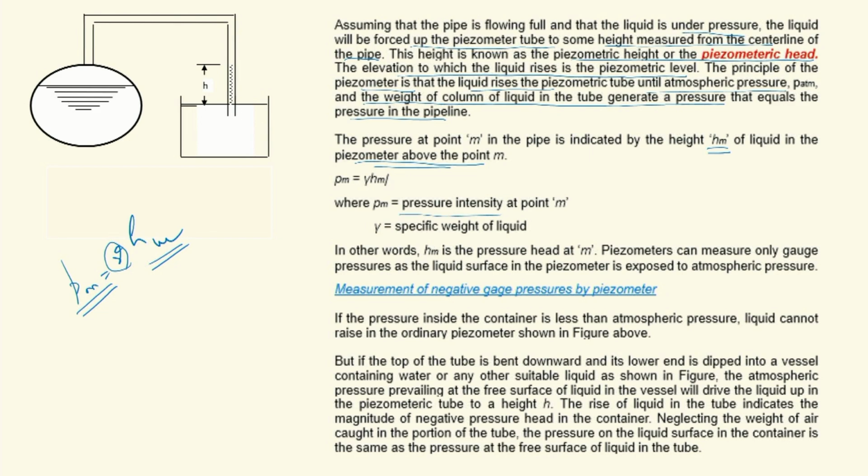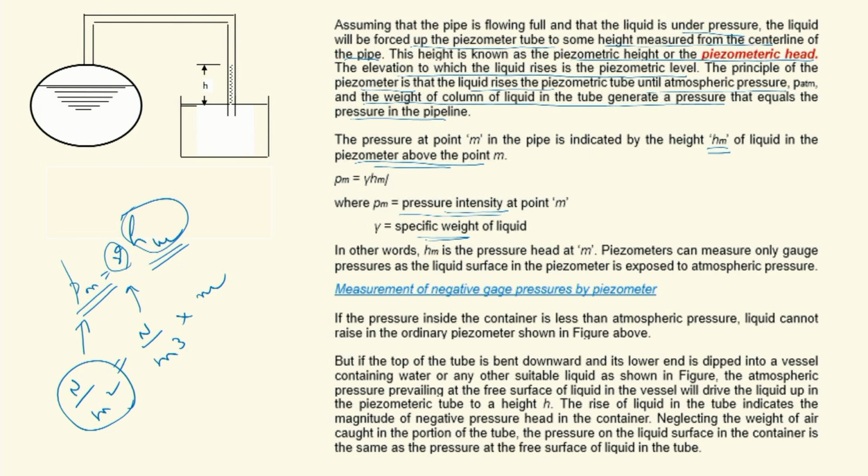So pressure intensity, gamma is specific weight of liquid. So specific weight of liquid has got units of Newton per meter cube. Pressure head has got units of meter. So this will be Newton per meter square. So PM pressure intensity is in Newton per meter square. So HM is the pressure head.